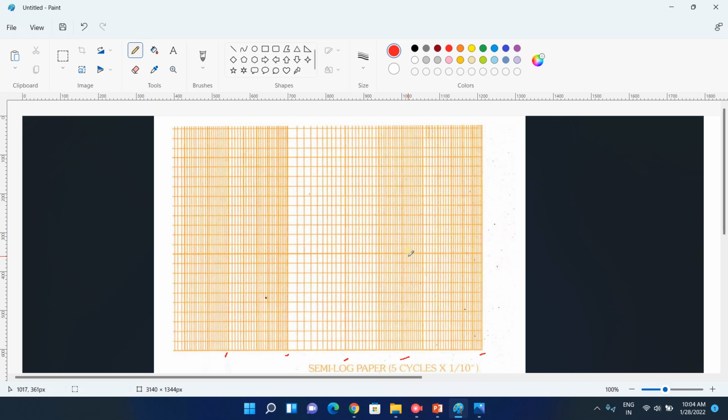Semi-log means it is a kind of log paper. Why are we using log paper? Log means logarithm, semi-logarithm paper. Because in a Bode plot we generally represent two types of plots, since the system stability can be judged based on those two plots.